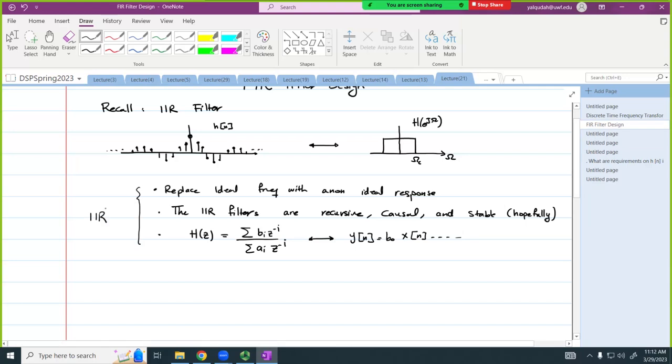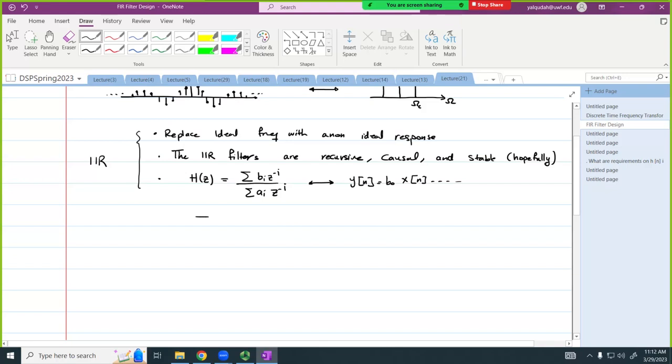Okay. Now, what are the advantages and disadvantages of the IIR filters? So we're going to add a plus and a minus. What was one of the advantages of the IIR filter design that we looked at?